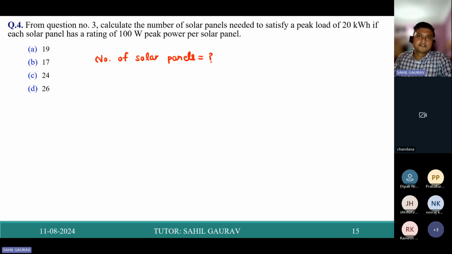The peak load is 20 kilowatt hour, and each solar panel has a rating of 100 watt.